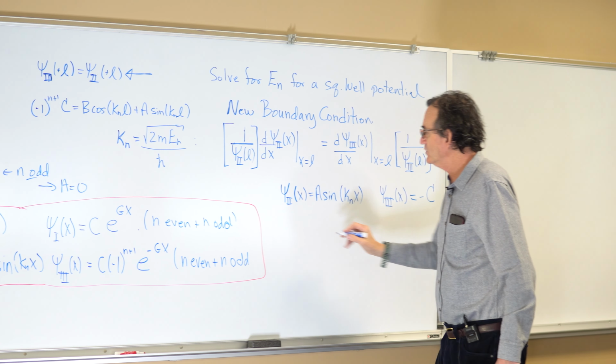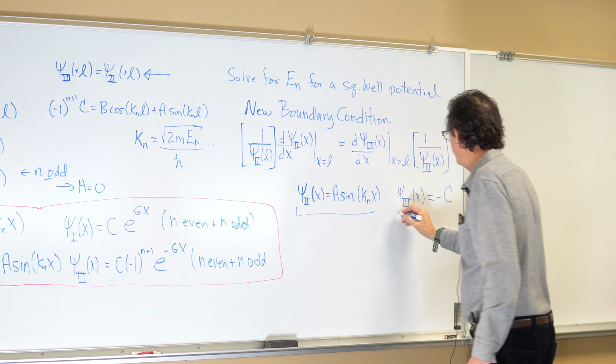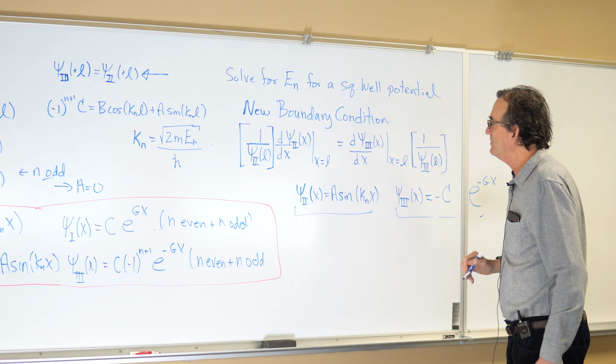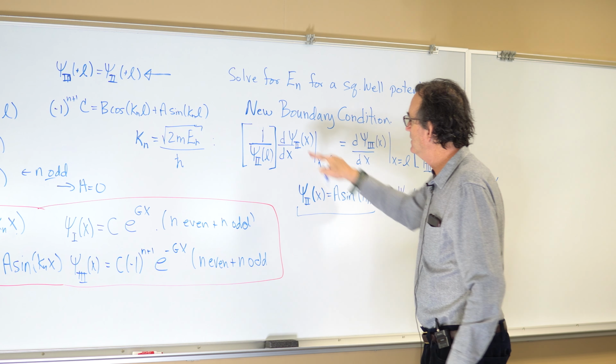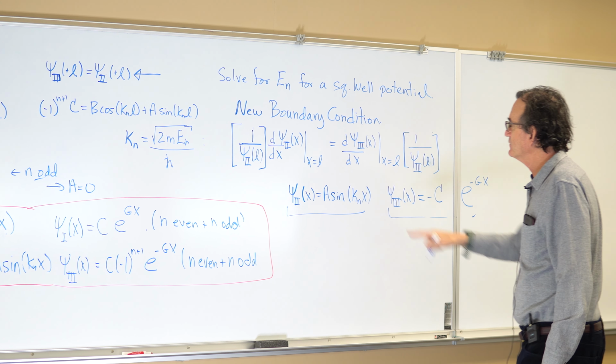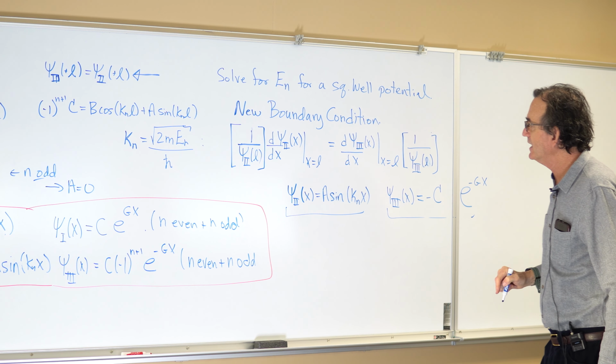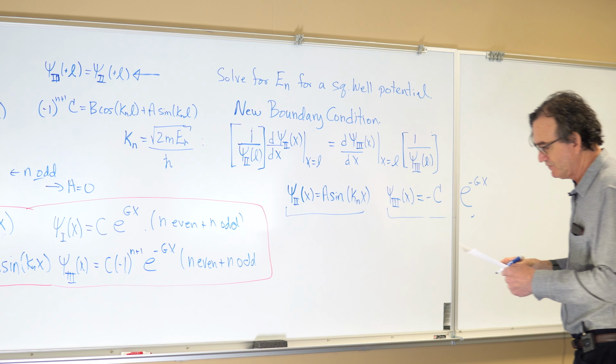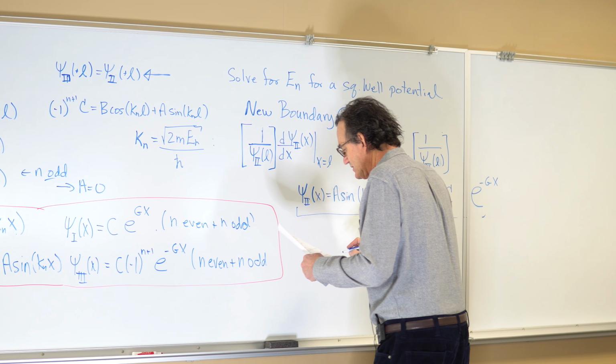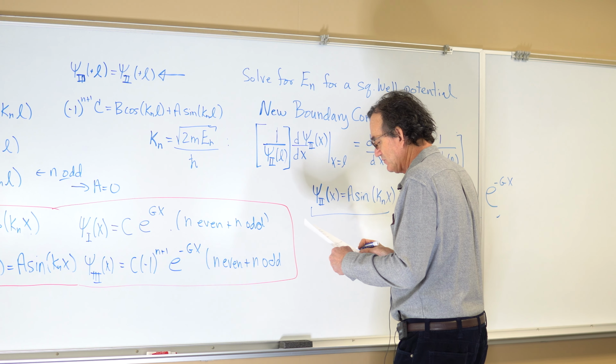So I have a wave function for psi 2. I have a wave function for psi 3. I have the boundary condition, which is this. And if I apply this equation to these 2 functions, then I can actually end up with a very nice result that gives me one of the first boundary conditions.